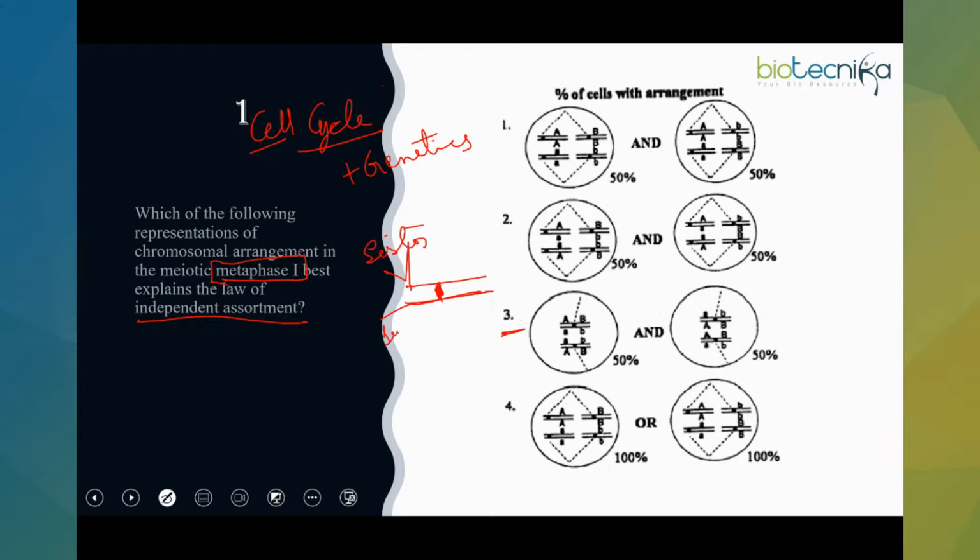Sister chromatids are formed from the one chromosome. So if you see option 3, A and B are present on the same chromosome. If A and B are present on the same chromosome, then they will be linked, right? The genes present on the same chromosome have a tendency of getting inherited together. Is it not?